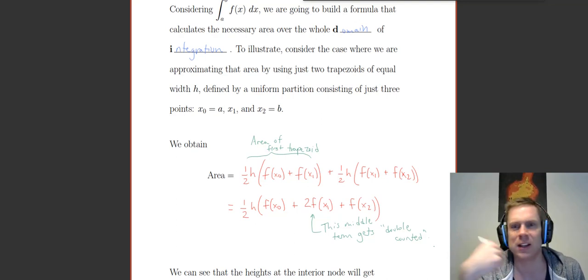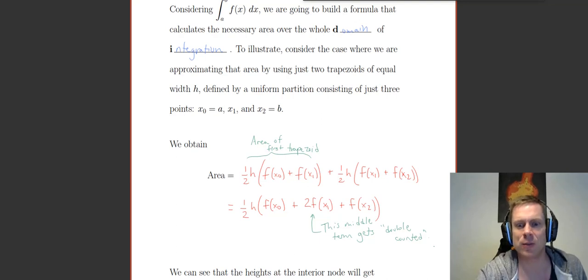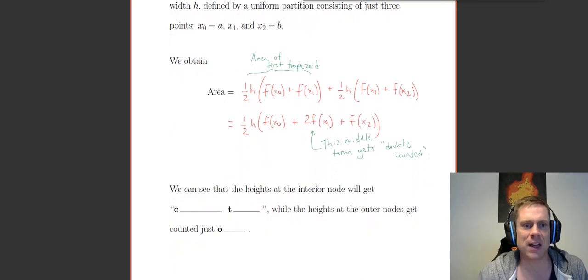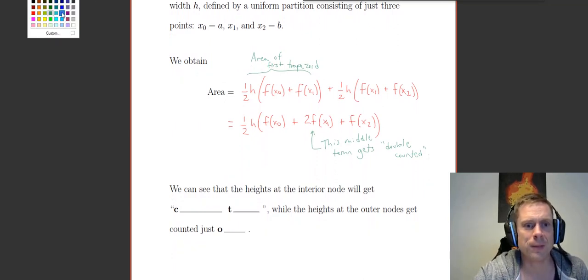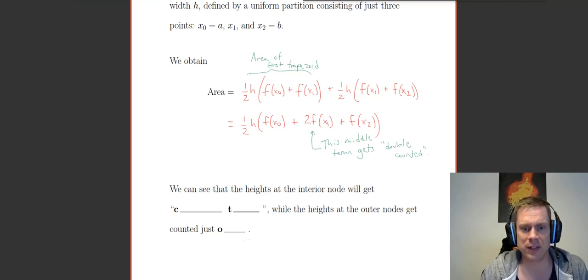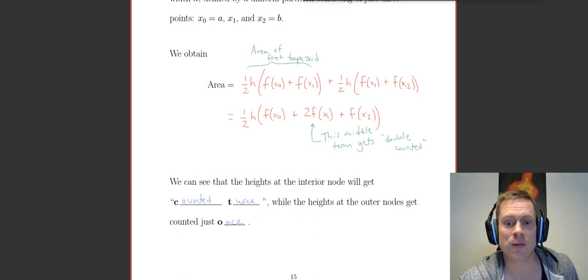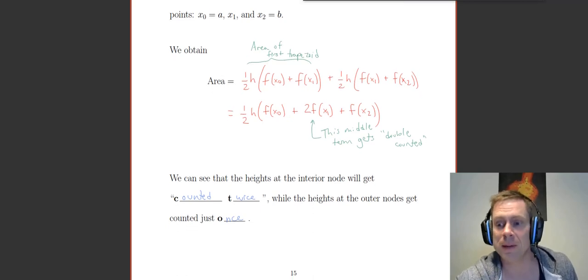That's what the blank down at the bottom of the page is about. We can see that the height at the interior node is going to get counted twice in this formulation, while the heights at the outer nodes just get counted once. And we're going to have that reflected as we go forward towards a more general formula.